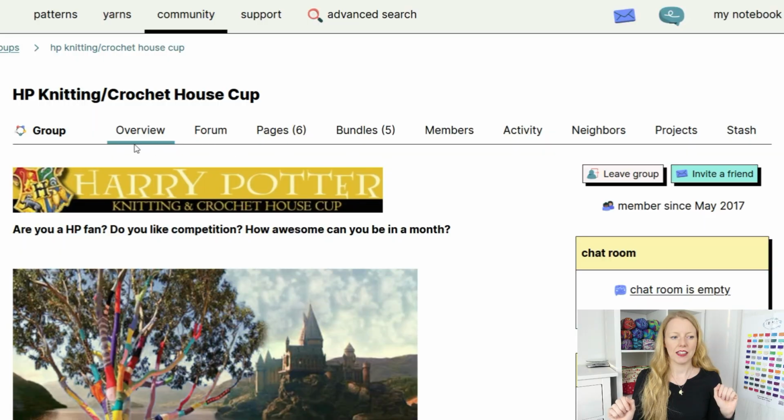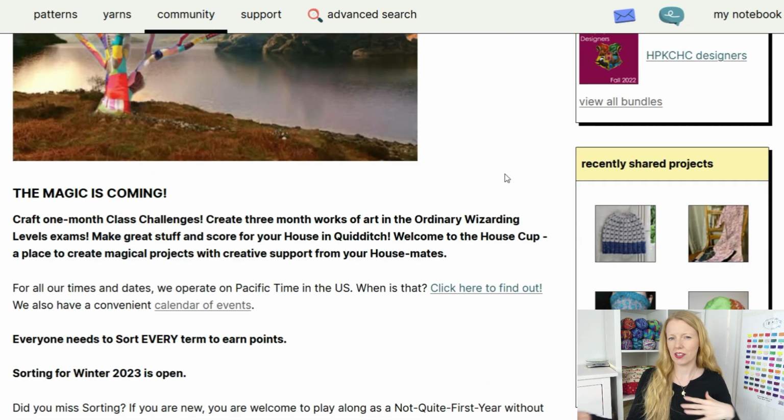All of the points earning challenges are hosted as forum threads in the Harry Potter Knitting and Crocheting House Cup group or forum on Ravelry. You don't only have this one thread. If you are familiar with the Harry Potter universe, you know that there are not only the different houses, you also have, for example, the Quidditch field, and every house has another dormitory and other classes and extracurricular activities.